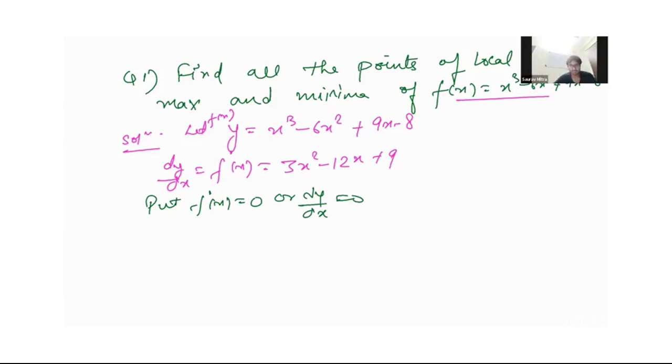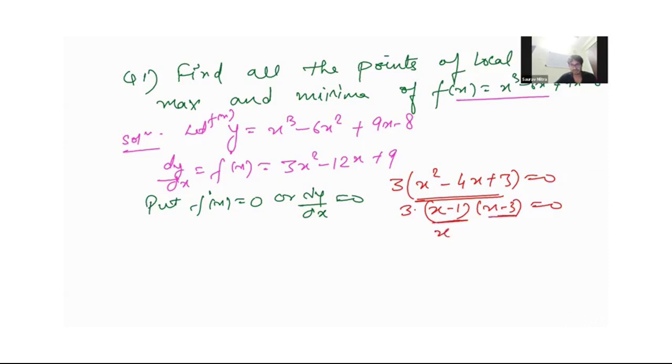Now we have to solve this equation. Taking 3 common, x square minus 4x plus 3 equals 0. So we will get x minus 1 and x minus 3 equals 0, so we put each factor equal to 0. We will get x equals 1 and x equals 3.